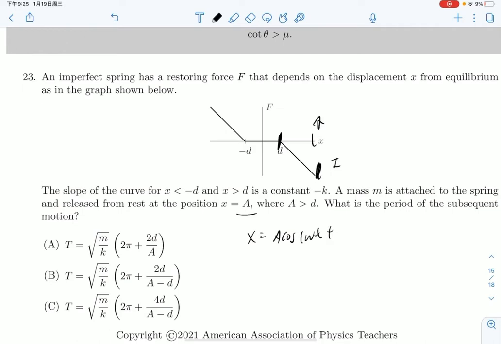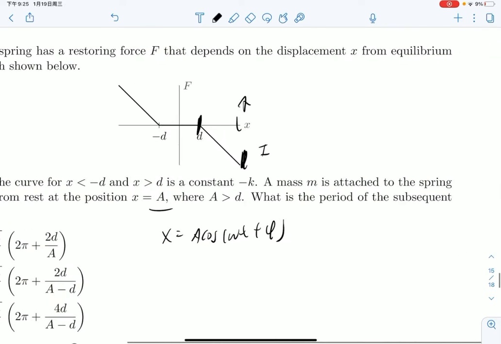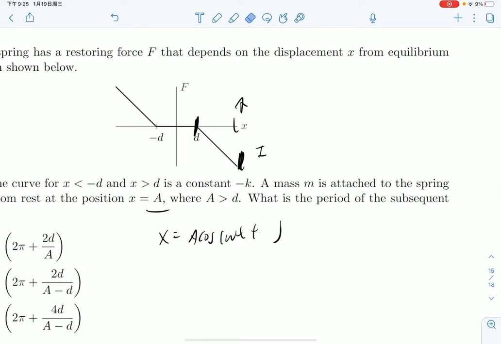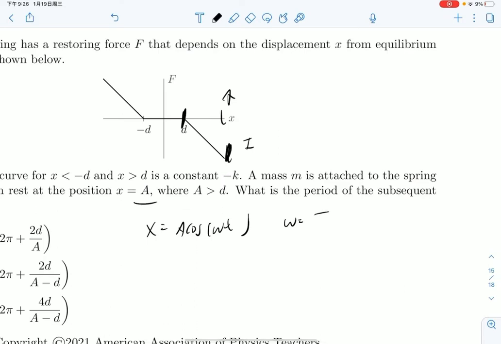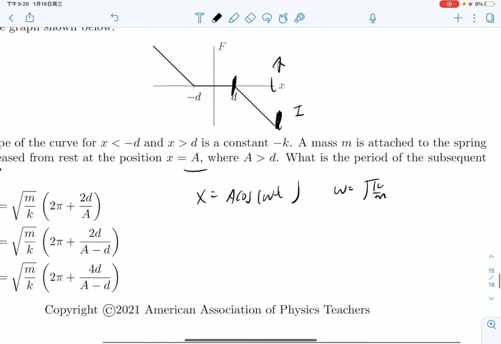And in this case, phi is equal to 0, because it is at the starting position. And where omega is equal to root k over m. And now if you take the derivative, you can see v is equal to omega A sine omega t. And at this position, you can see the velocity is at maximum. So this is equal to omega A.